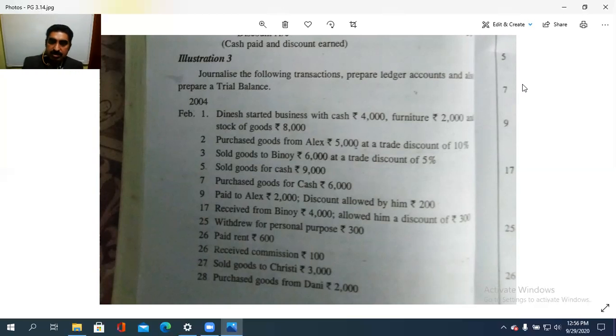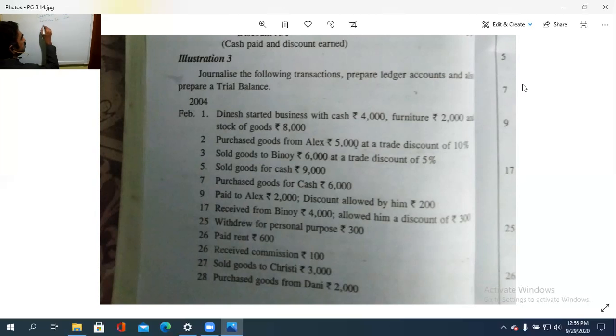Dinesh started business with the cash 4,000, furniture 2,000 and stock of goods 8,000. So how is it to be? Yes, compound journal entry. Cash account debtor, how much is the amount? 4,000. Then furniture account debtor 2,000.